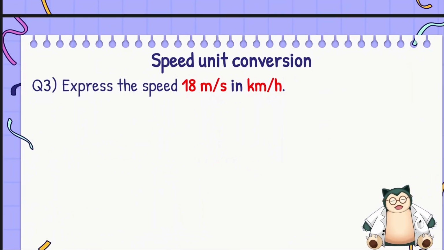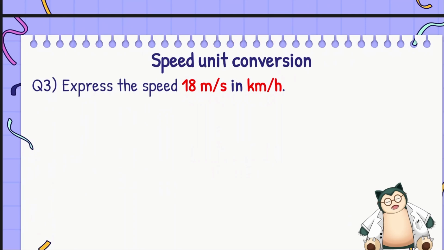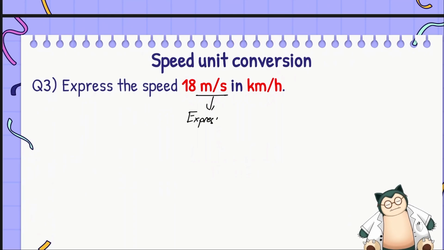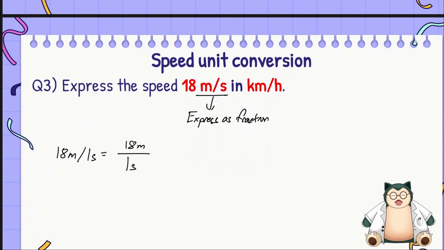Now, what about the opposite? How do we convert meter per second to kilometer per hour? Simply reverse it. Same thing, we express it as a fraction. So 18 meter per second equals 18 meter over 1 second.